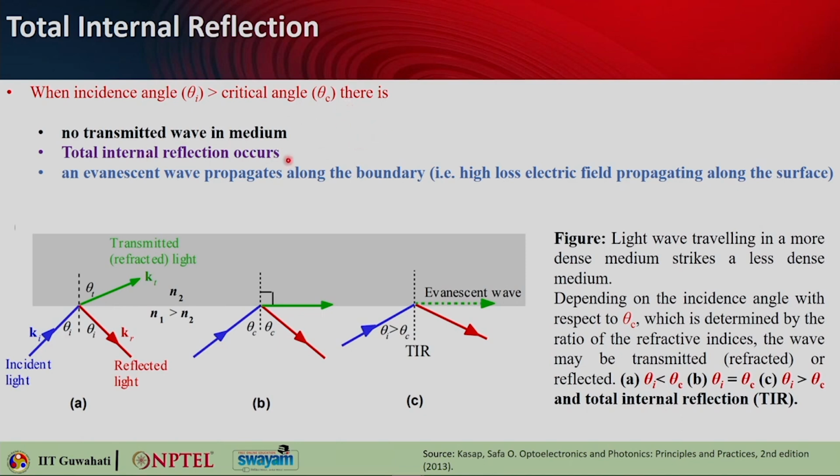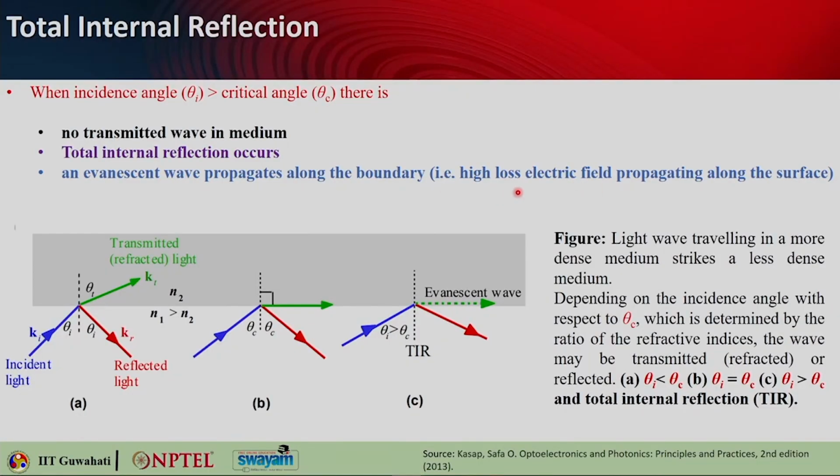All the light that is incident will be completely reflected back. So there is no partial transmission, complete reflection. That is why it is called total internal reflection. However, an evanescent wave actually propagates along the boundary. That is basically a high loss electric field propagating along the surface. Evanescent fields do not propagate too long because they are very lossy.